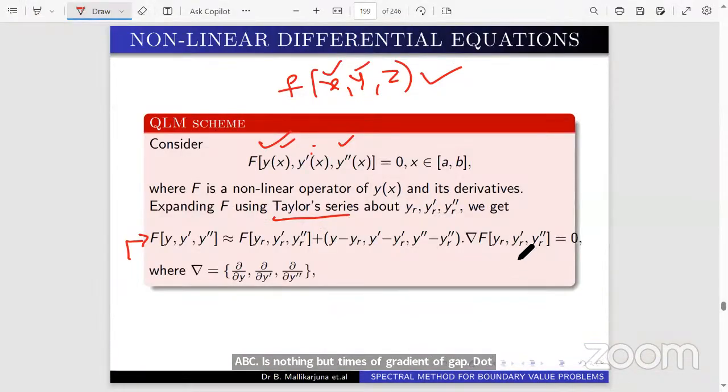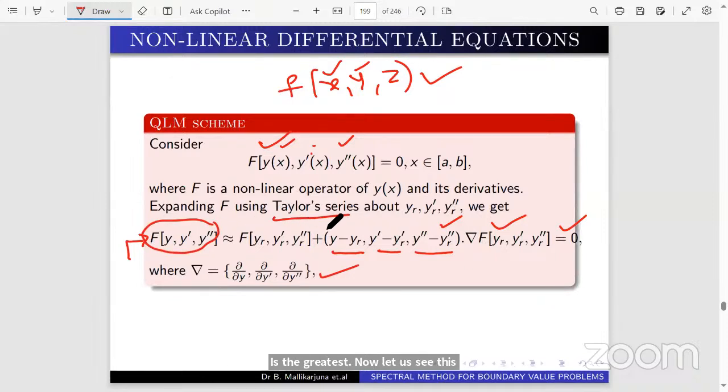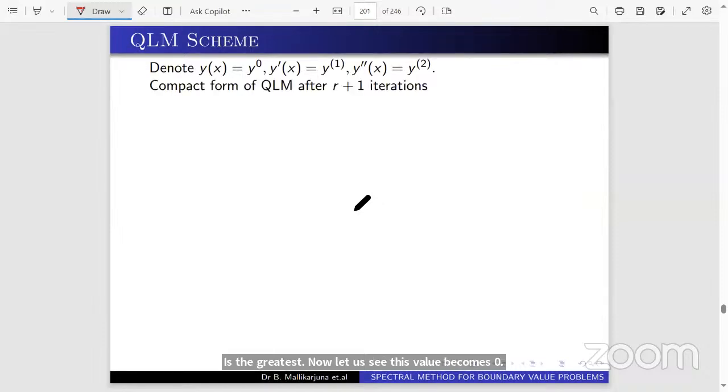The same thing is mentioned here: y minus yr, y prime minus yr prime, y double prime minus yr double prime, gradient f is equal to g, neglecting second and higher powers of the differences x minus a, like this, y minus yr, y prime minus yr prime, y double prime minus yr double prime. This is the gradient. Now let us see what we get when this value becomes 0.